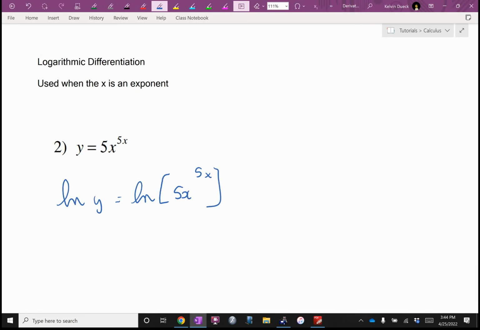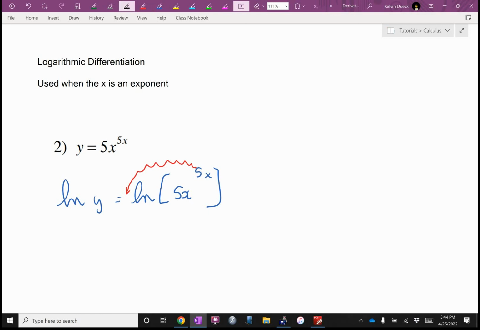What can I do with that exponent? Move it to the front. To ground level. Because we have no math that can deal with solving for an x when it's an exponent. Once on the ground level, not a problem.